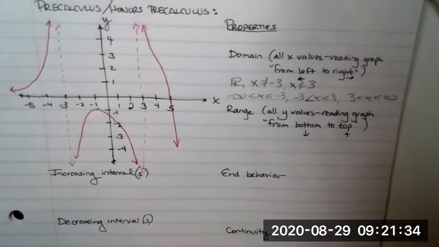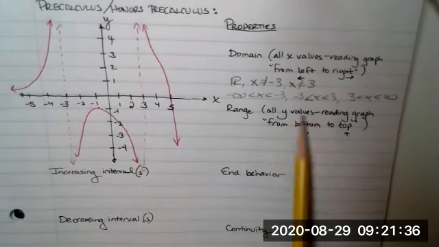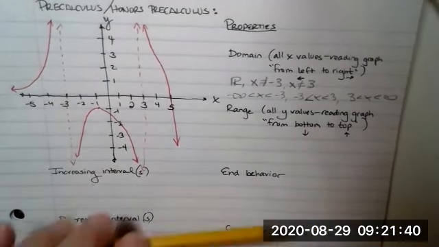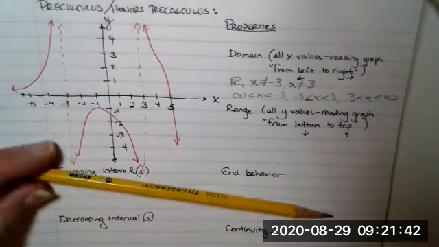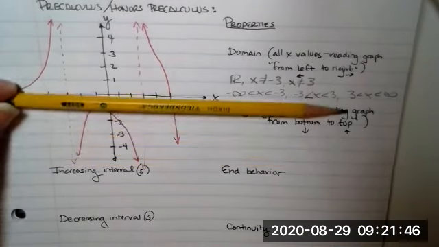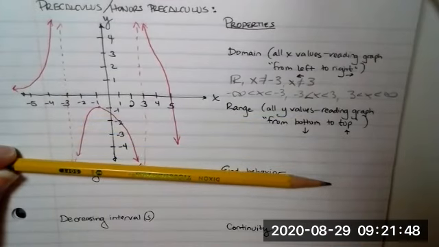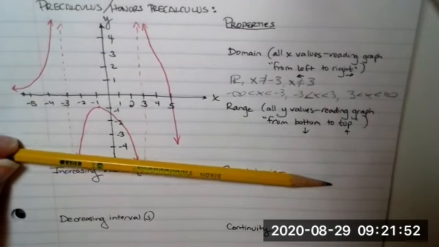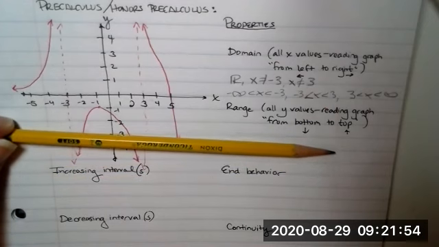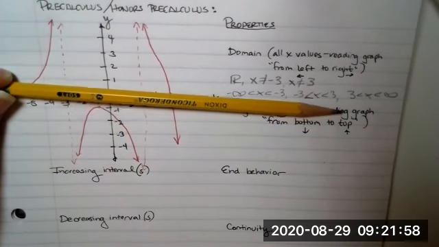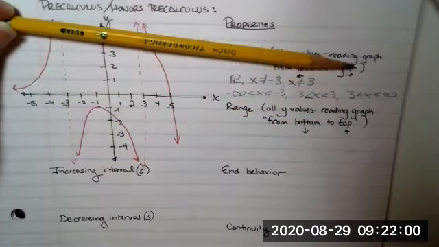Range is all y values. So for your range, you're reading the graph from bottom to top. Sometimes the way I like to do that is to put my pencil horizontally and move up or down to see what parts of the graph are covered. So we're going from -infinity, and we do see that there are y values covered here, here, here, here, and so forth.